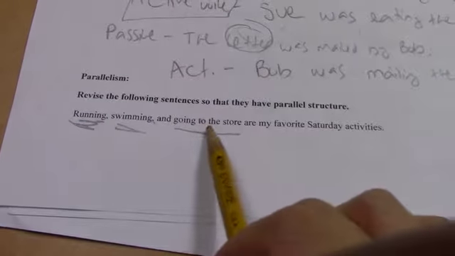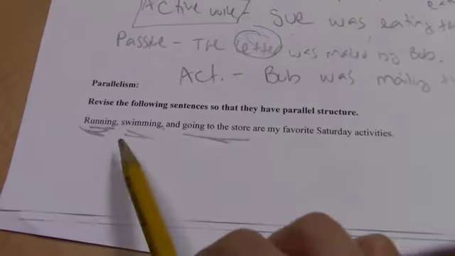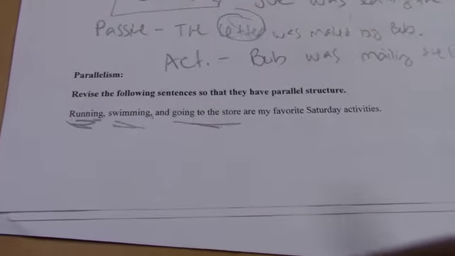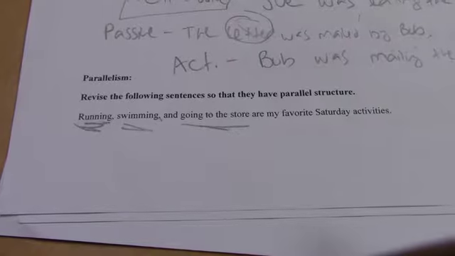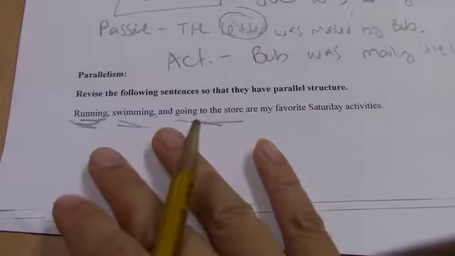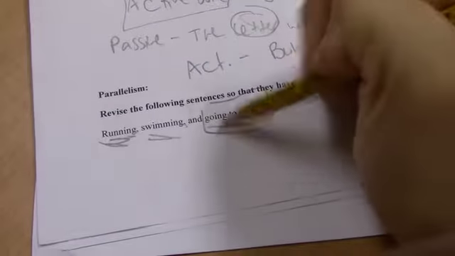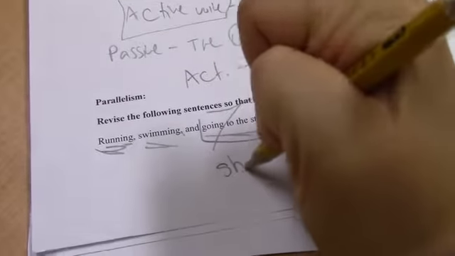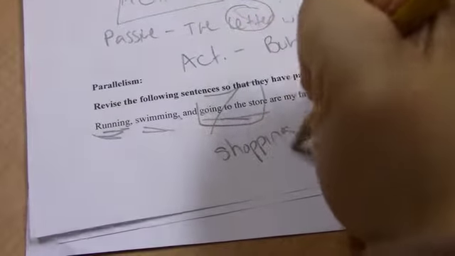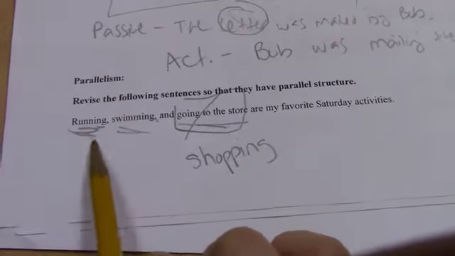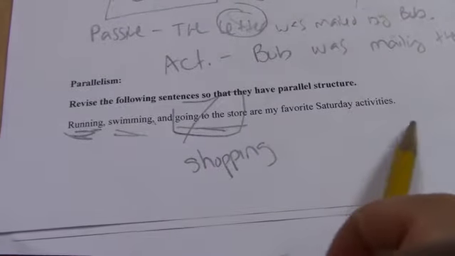So I'm going to change going to the store to where it has the same structure as running and swimming. I'm looking for one word that has an ing at the end. I'm going to change this to shopping, because going to the store and shopping are the same thing. So now my sentence is, running, swimming, and shopping are my favorite Saturday activities.